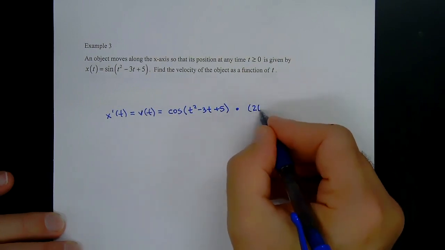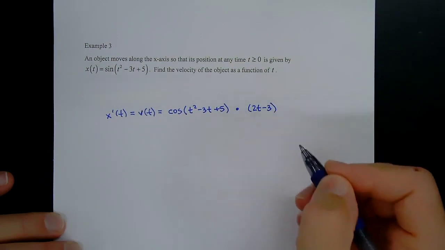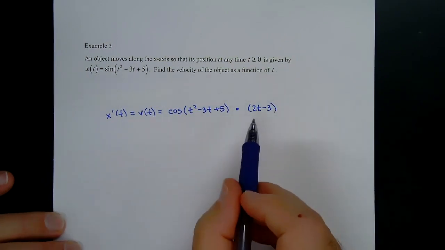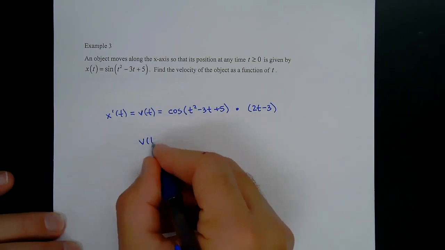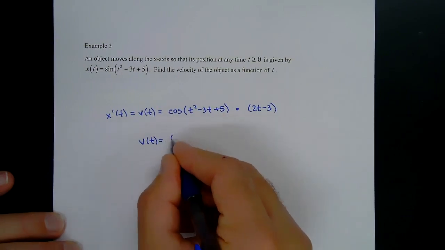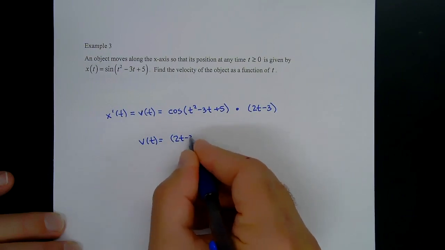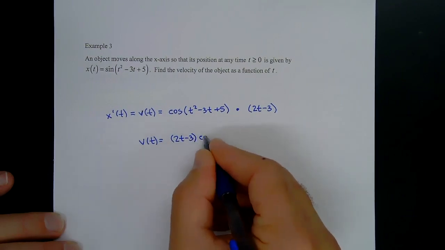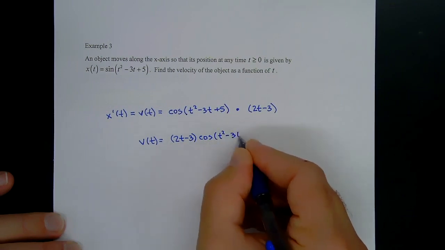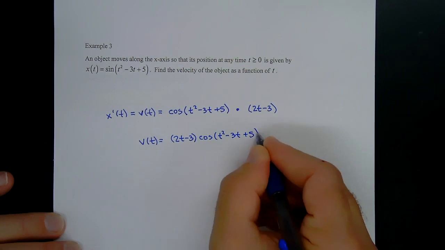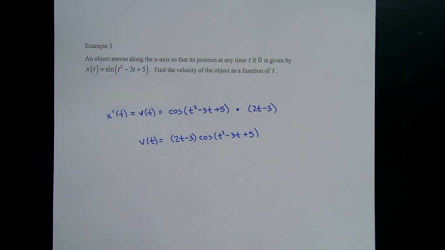So this is 2t minus 3. Now, I'm going to tell you, it is better if we write this in front of the cosine, okay? So our final answer should be v of t is equal to 2t minus 3, which has to have parentheses, cosine of t squared minus 3t plus 5. And that's the velocity function, okay?